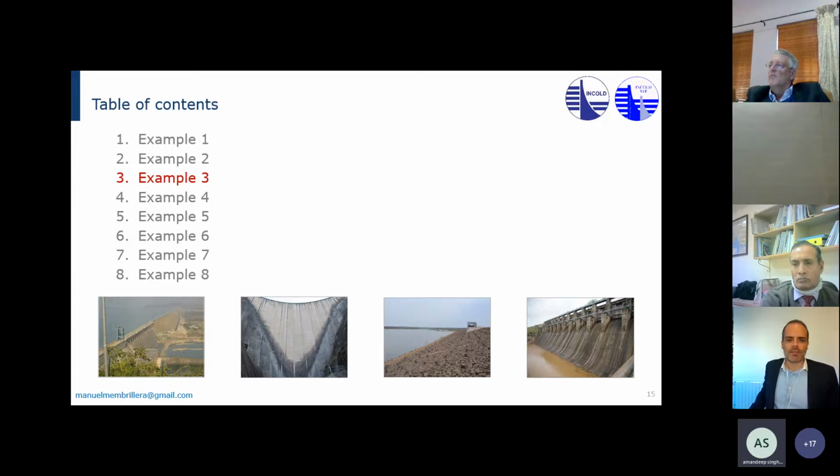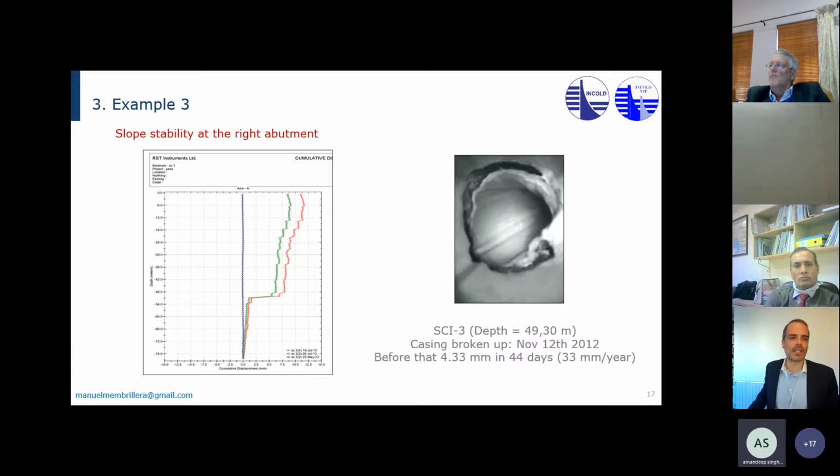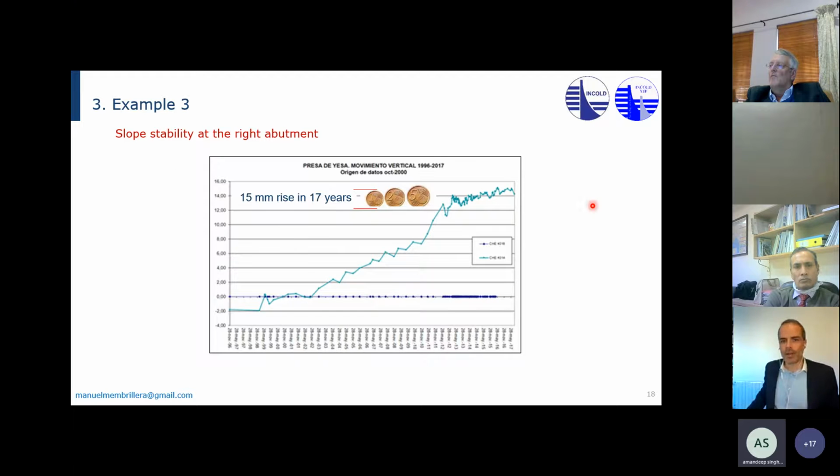And then I'll just go very quickly. I'm not going to go into details. This is an example of an embankment dam, a heightening of an old gravity dam. This is an example of inclinometers and how inclinometers let us know that something was going on, in this case in the right abutment.